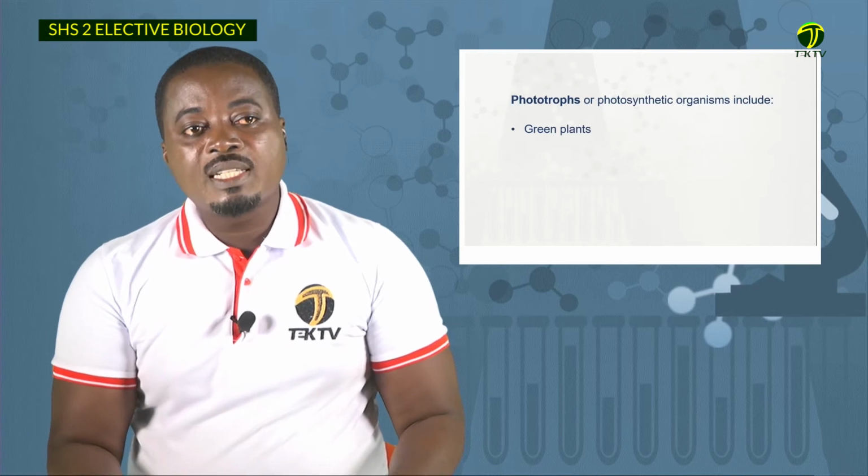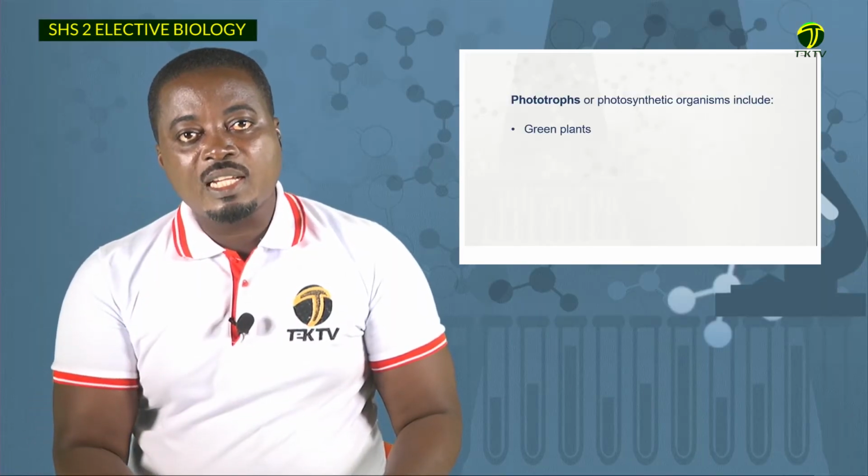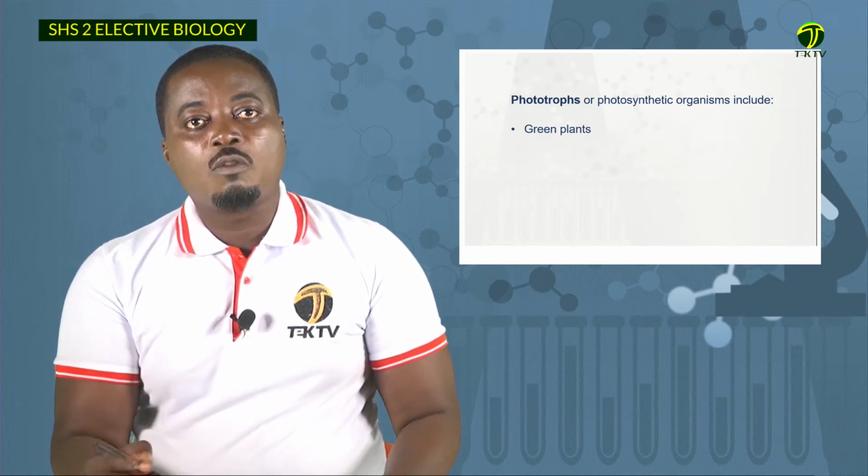Both aquatic, some are in water, some are terrestrial. So long as it is a green plant, then you say that it is a photosynthetic organism, or we say it is a photoautotroph.